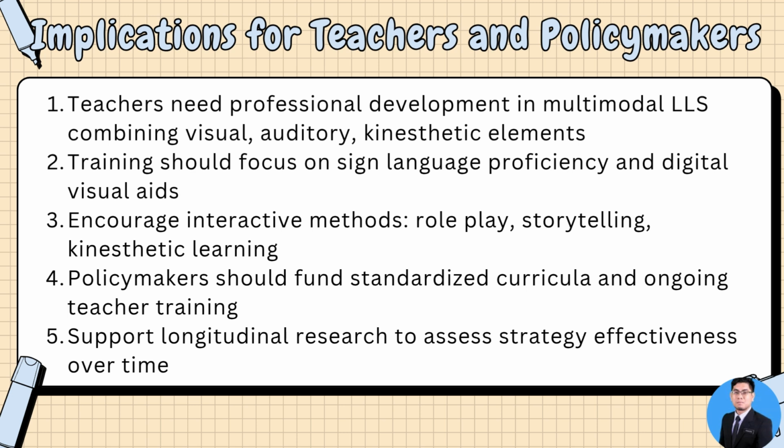For the policymakers, the literature recommends investing in standardized curricula that integrate visual and kinesthetic strategies. Funding should also support continuous teacher training and long-term research to evaluate strategy effectiveness. These steps are necessary to ensure adaptive, inclusive education for DHH students.